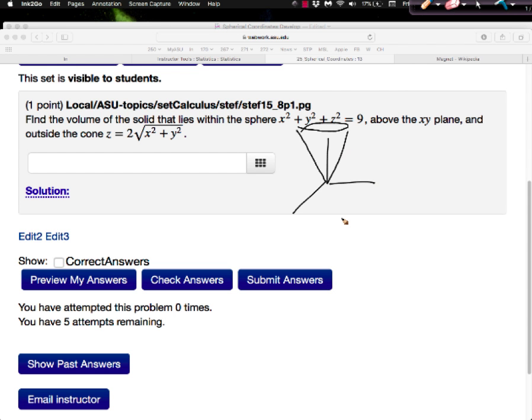I prefer below, right? So this is a function, z is a function of x and y. So yeah, it's outside, but mathematically, we're talking about below the cone. Below the cone. And then within the sphere, like this.